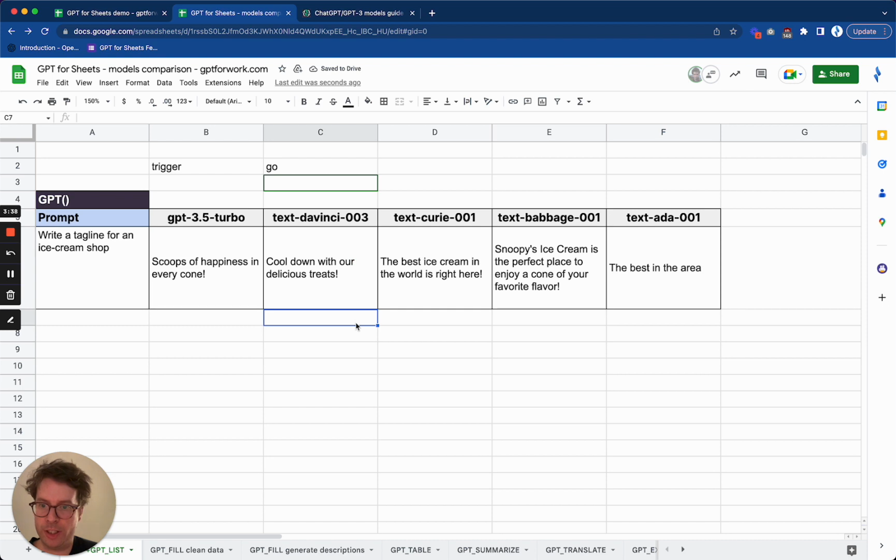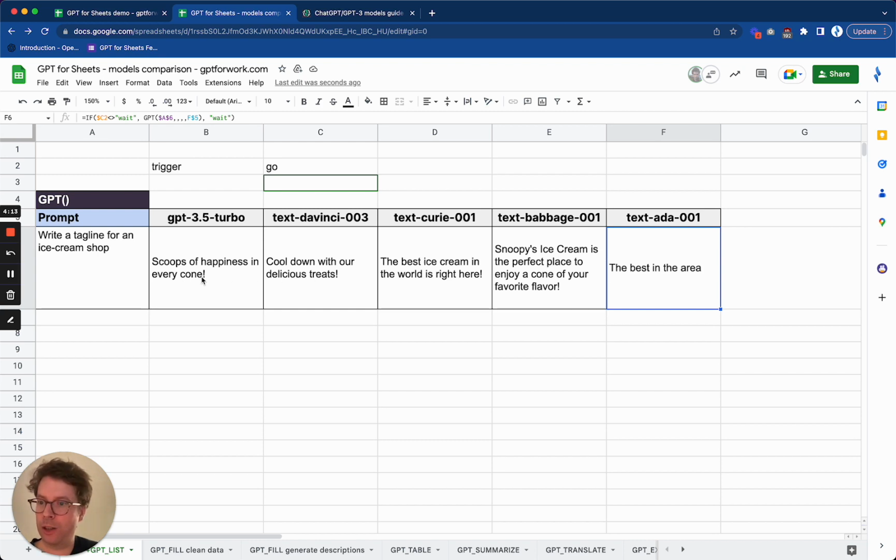In this case, the speed was the same for all of them, and you can see the difference in results. GPT 3.5 Turbo and Text DaVinci are pretty good. Text Curie, well, this one is a bit boring. Text Babbage is, funnily enough, one of the most creative here, probably a bit too creative, and Text Ada 001 is, well, not good.